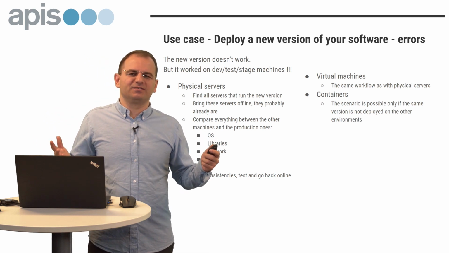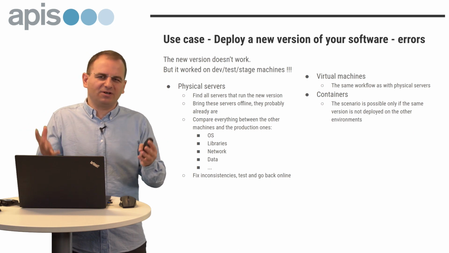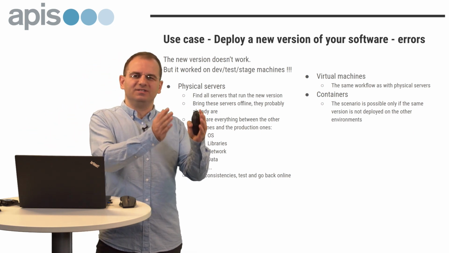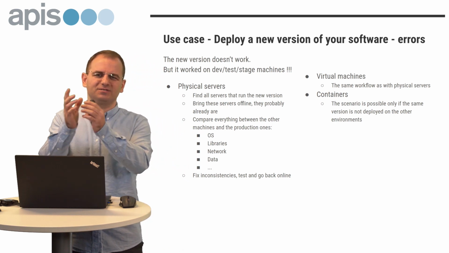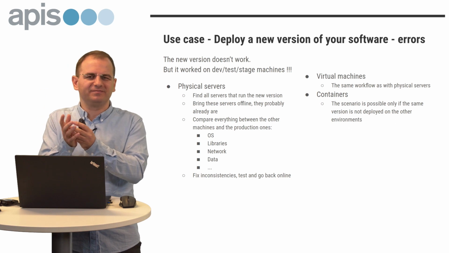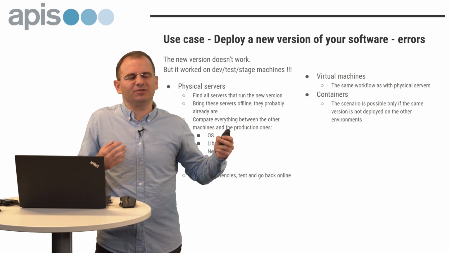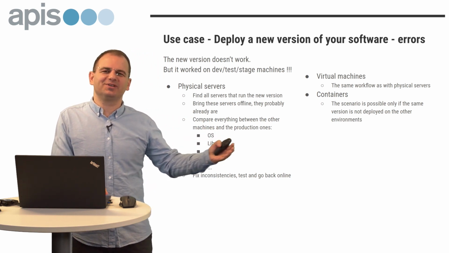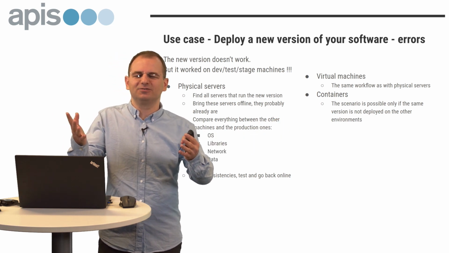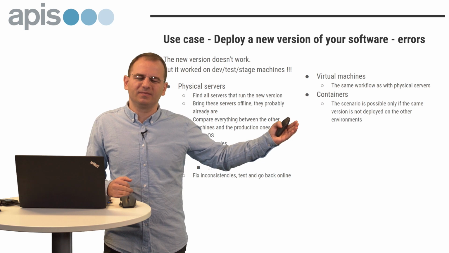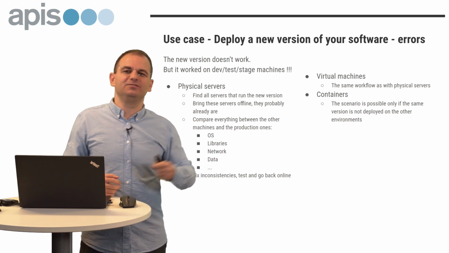And with containers, this scenario is not possible because, as I said, the same container that you run in your development environment or testing or staging is the same container being run in production. The only issue that can appear here is a human mistake or something in the automated tools that you didn't configure properly, and you actually deploy a different version than what you want.